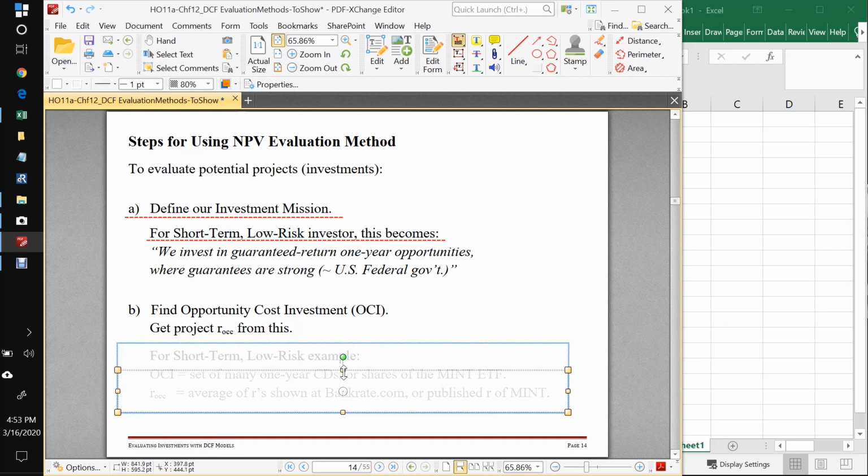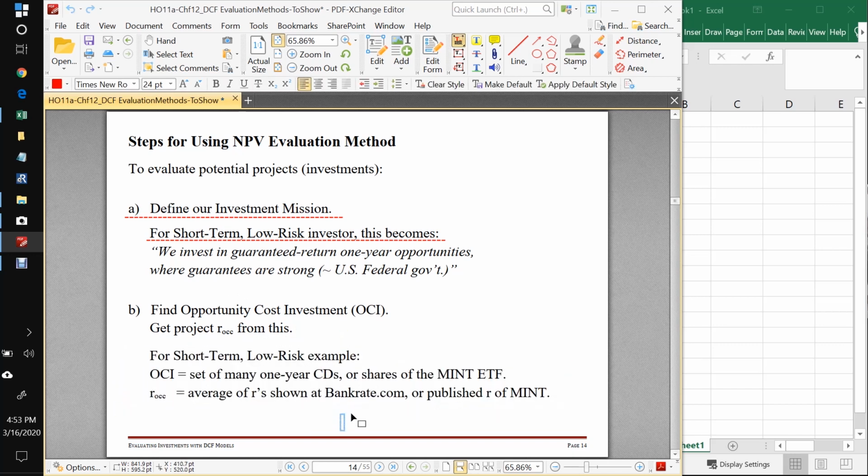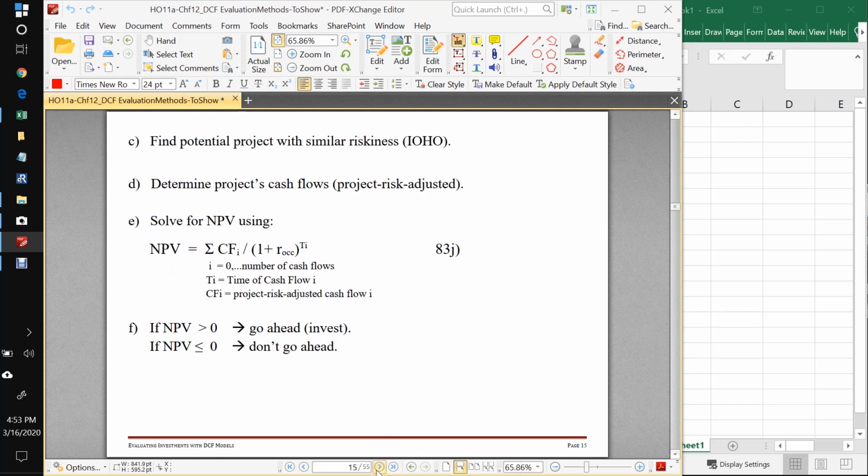So once again, for our short-term, low-risk investor, her opportunity cost investment is going to be a set of many one-year CDs that she found out at bankrate.com or shares of the Mint ETF, and her opportunity cost of capital is going to be the average of the interest rates shown on the CDs at bankrate.com, or the published interest rate of the Mint as published by PIMCO, and we saw how that worked in the last chapter.